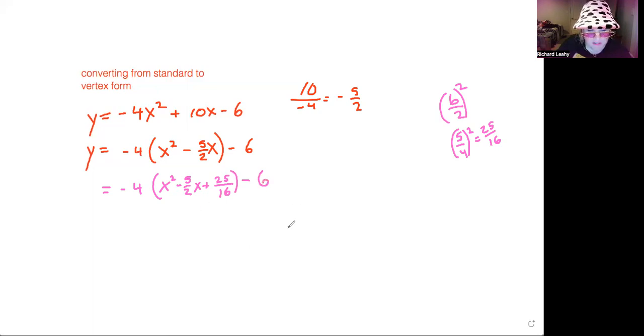Okay, so what did I actually change here? I didn't just add a 25/16, I added a 25/16 times a -4. Using cross cancellation and all that stuff, that comes out to -25/4. So I'm going to have to add that back in here to make it be the same.